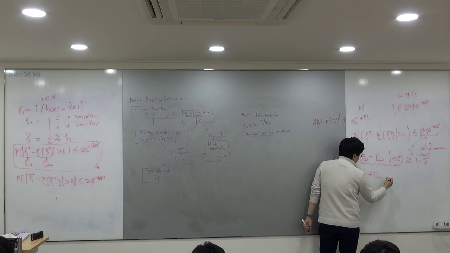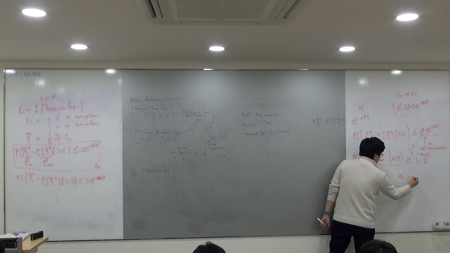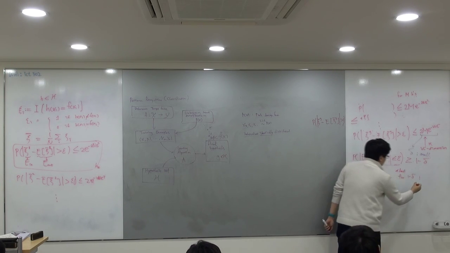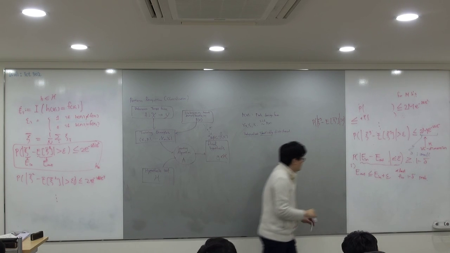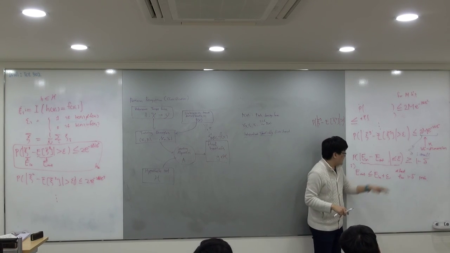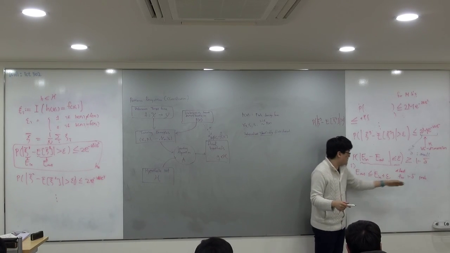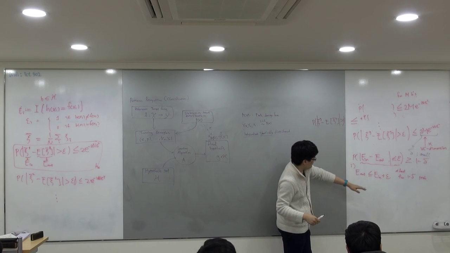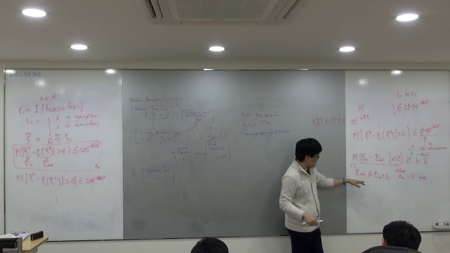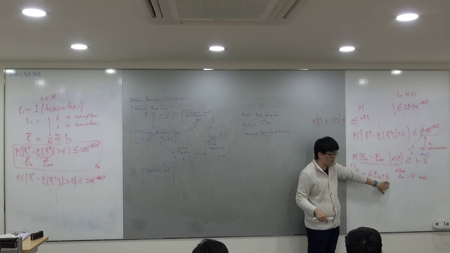So what this equation means is that at least with probability 1 minus delta, E out, the test error, is smaller than the training error plus some small value epsilon.